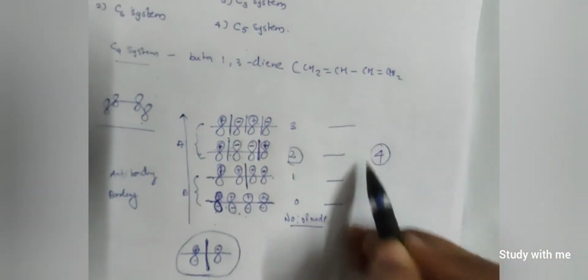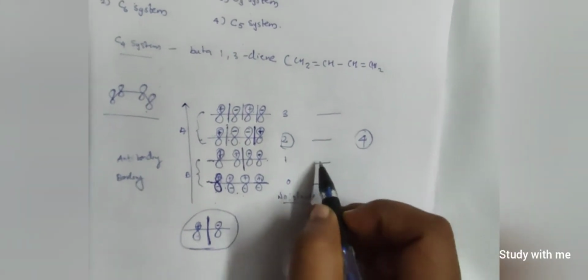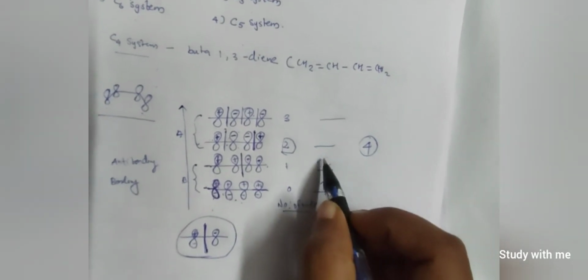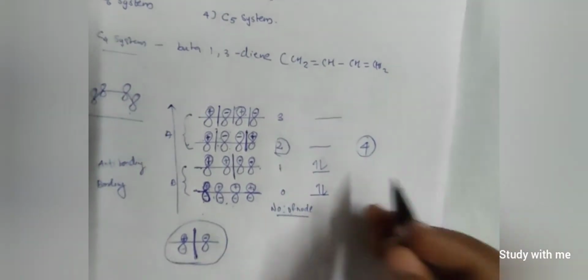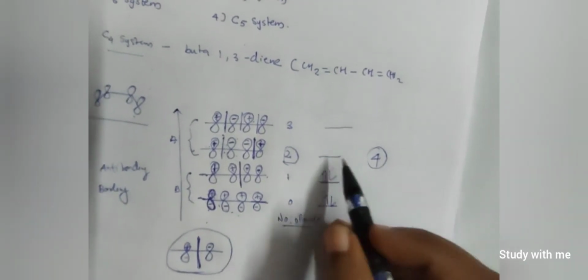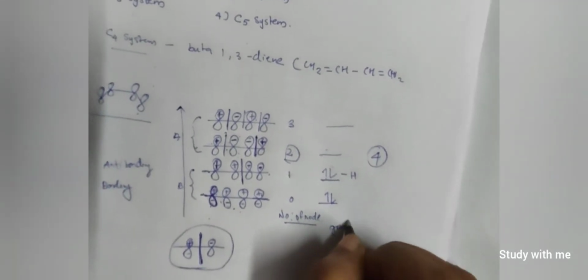The first MO will definitely have 2 electrons, and the next one also has 2 electrons. Then the 4 electrons are used up, so we do not have any electrons to fill these orbitals. So this will be the HOMO for the ground state. This is the ground state.